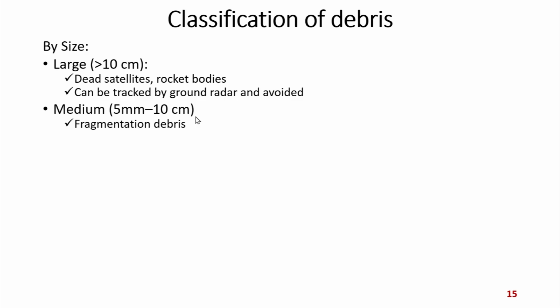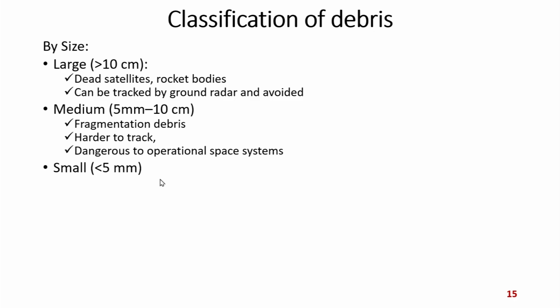But when it is medium, something like 5 mm to 10 centimeters, this comes from the fragmentation debris which we discussed in the last slide, and these are very hard to track, especially from the ground. It can be tracked from onboard sensors, but it is tricky, and this becomes dangerous to the operational spacecraft system.